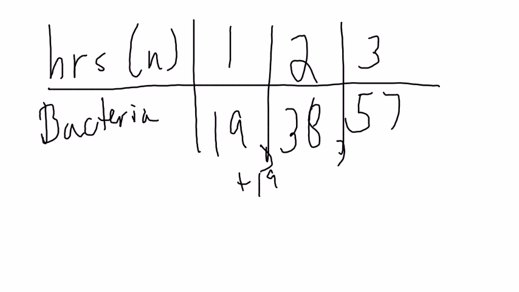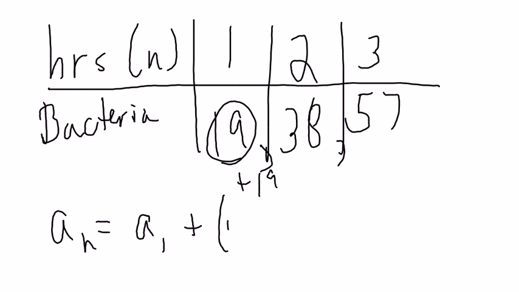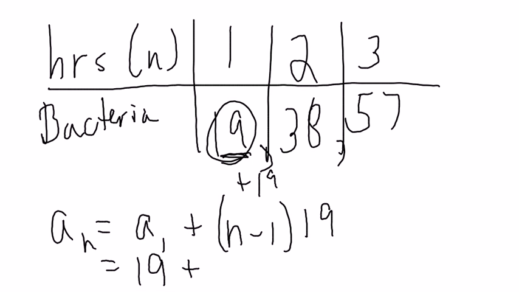So what you're going to do is use that same formula, a sub n equals a sub 1, which in this case would be 19, your first term, plus n minus 1 times the common difference, which is 19, as we have said. So now we just distribute the 19, and also plug in our first term. So the first term is 19, plus 19 times n is 19n.